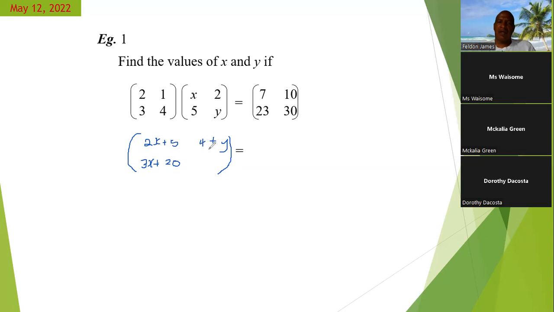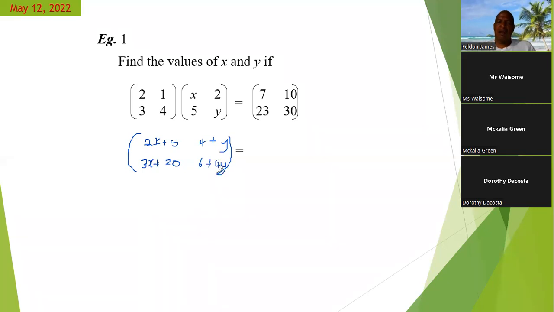And then for the last element, we take the second row with the second column. So 3 times 2 gives you 6, plus 4 times y, which gives you 4y.